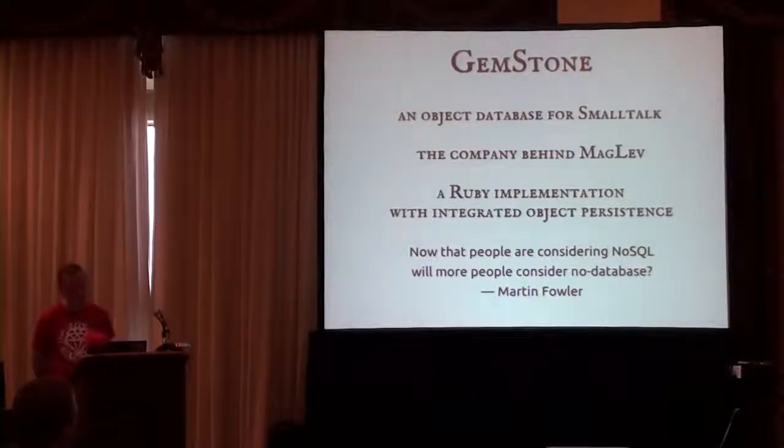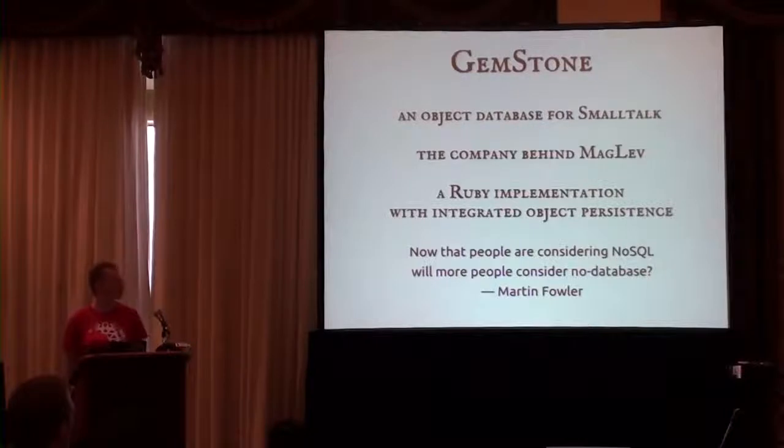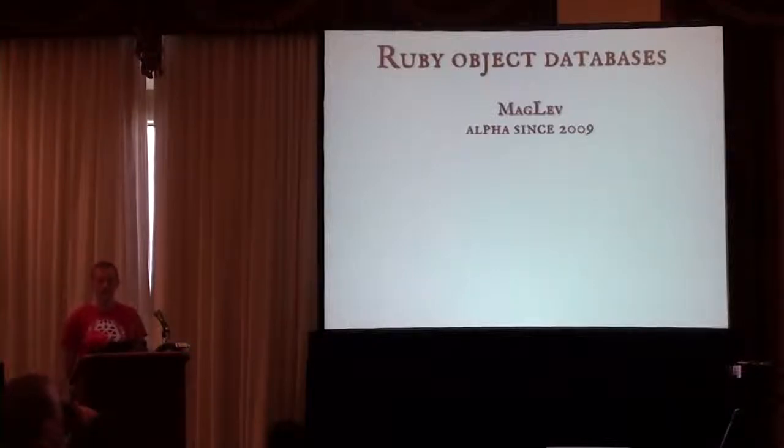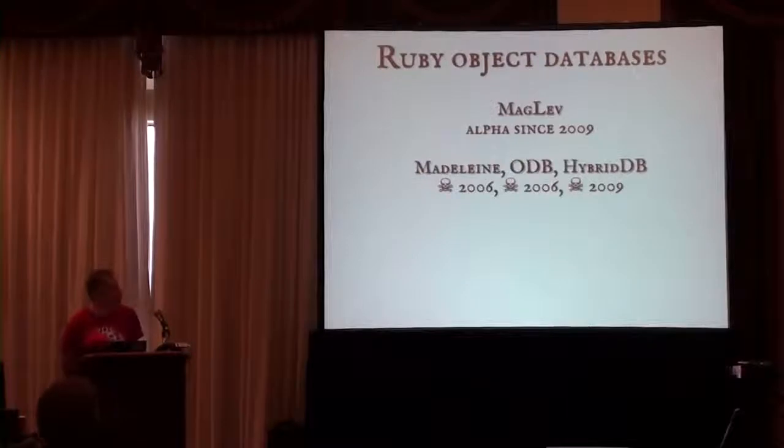So now that people are considering NoSQL, will more people consider no database? It's a recent quote from Martin Fowler. So what about Ruby object databases? And this is the part where I'm really happy that in October we will have object persistence. There were other solutions. Madeleine, which to the best of my knowledge died in 2006. ODB, same.